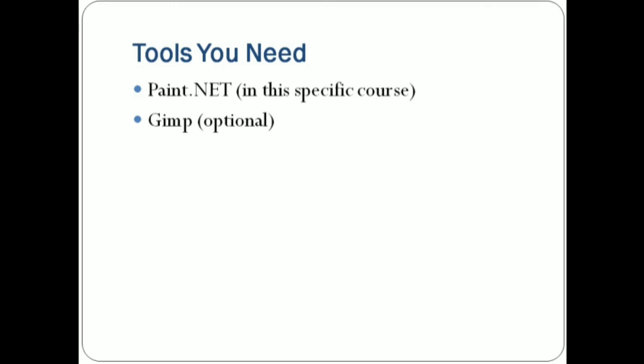It's not going to be the exact same layout, but it's going to be similar concepts. So you can use GIMP if you want to, but I personally use Paint.net, and I'm going to use that for this specific course. Paint.net is free, and I found it personally to be better than GIMP, but some of you might want to try out GIMP and this and that.